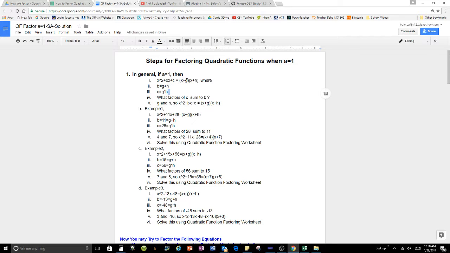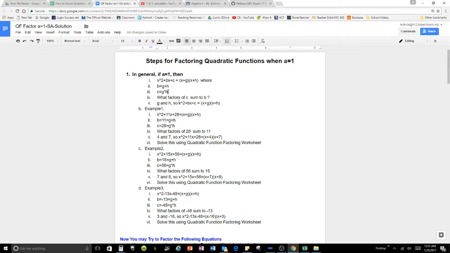In order to find these two binomials, we have to find g and h, and the criteria for finding g and h is such that whatever the coefficient c is in our original quadratic function, the product of g and h will always equal c, and the sum of g and h will always equal b.